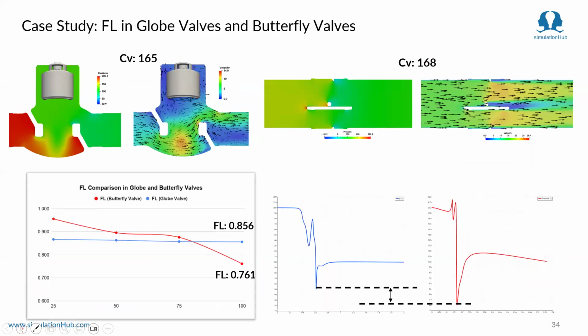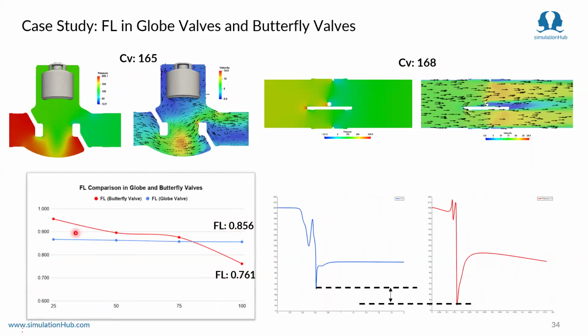Now the second case study is about the FL comparison between a globe valve and a butterfly valve. As we can see, both valves have a similar CV value, so that would be similar flow capacities, but they are very different from an FL standpoint.